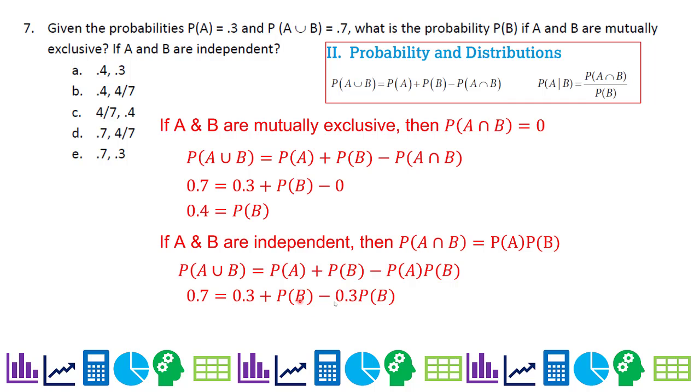I have 1 probability of B minus 0.3 probabilities of B, that's 0.7. And then I move the 0.3 over here, so 0.4 divided by 0.7 is the same as 4/7. So my correct answer is going to be this 0.4 and that 4/7. So again, you have to really understand what mutually exclusive means, what independent means, and you have to be able to use the formula.